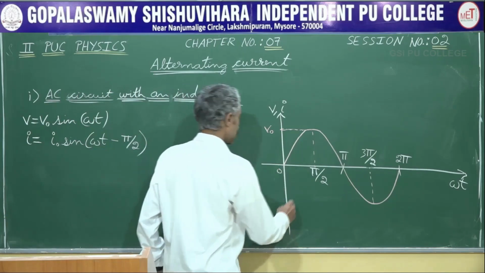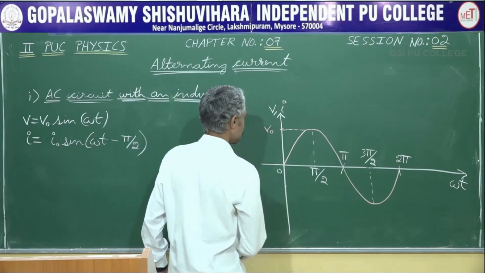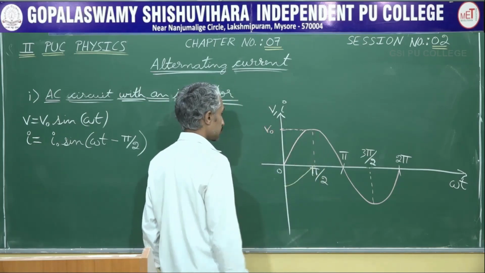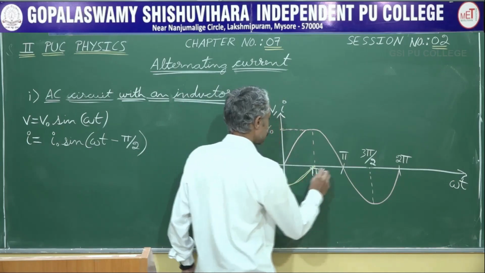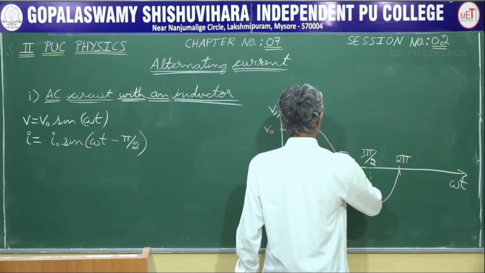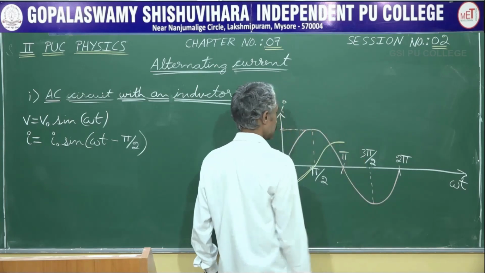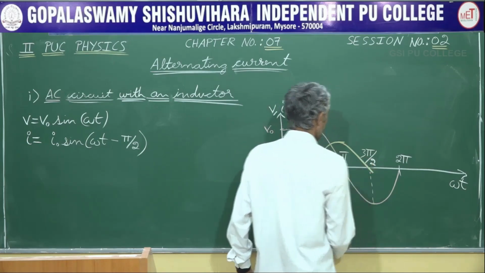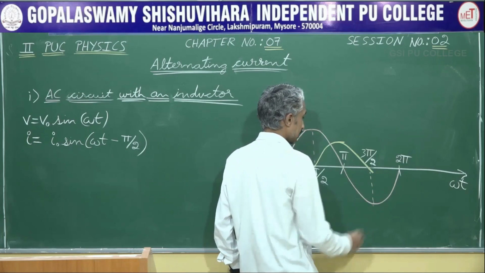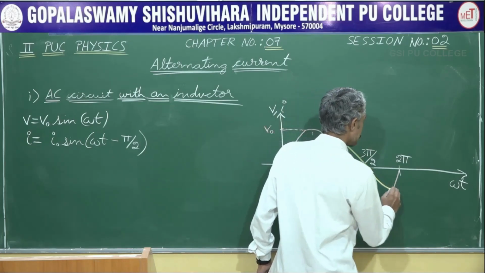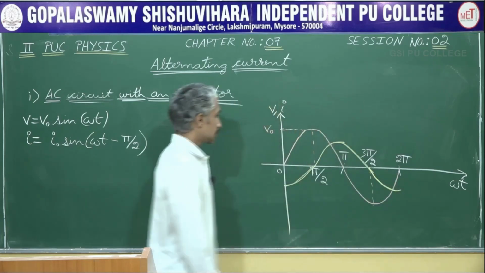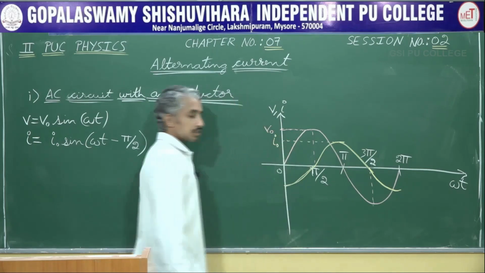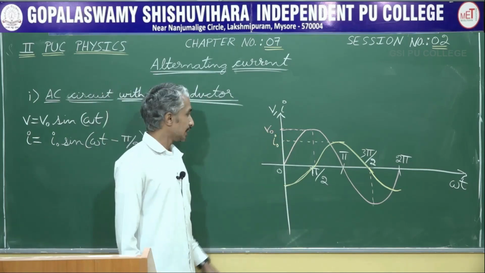So, when the voltage was 0, the current had a negative maximum value. When AC voltage was maximum, the current is now 0, and it reaches the maximum value when the AC voltage is 0, and 0 when the AC voltage is negative maximum, and in this manner we represent the AC voltage and current in an inductor.